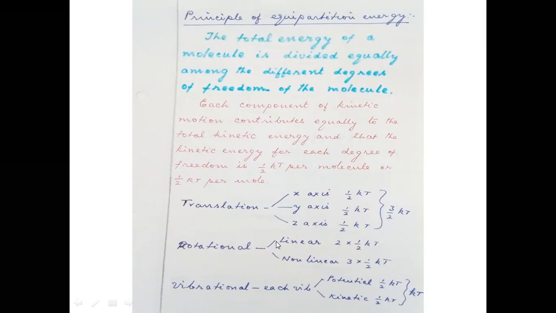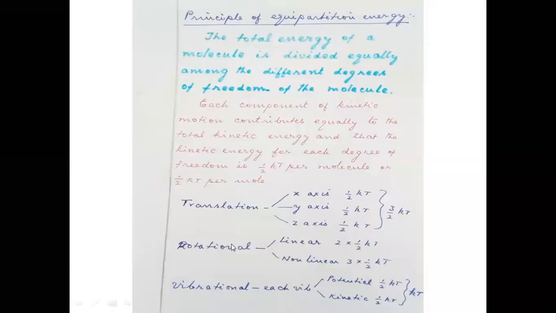For rotational motion, I have already told you that molecules having more than 2 atoms can be either linear or non-linear. If it is a linear molecule like carbon dioxide, then the molecular axis cannot be treated as a rotational axis, because the rotation about that axis needs only negligible energy, or the moment of inertia about that axis is almost zero.